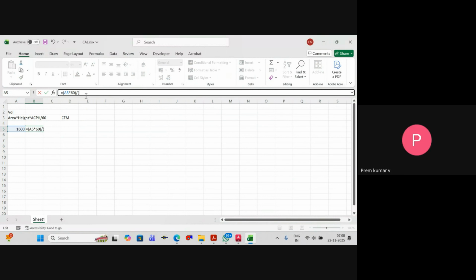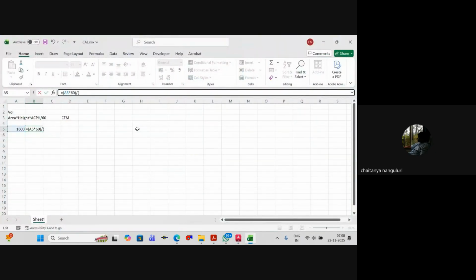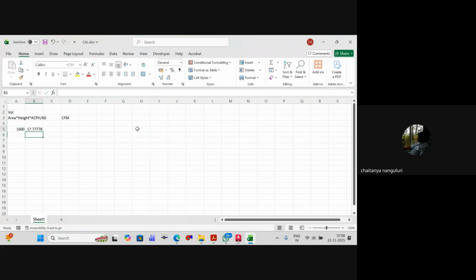So what is the value? 30 into 20 into 9. That will basically give me 17 air changes. Understood? So I have air changes of around 17.7, rounded up to 18 air changes. Understood or not?